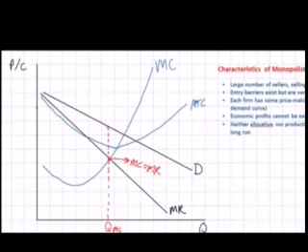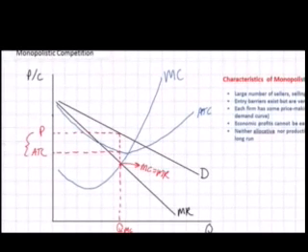So just like we showed in a monopoly diagram, the price the firm will charge is found by going above the profit maximizing quantity up to the demand curve and then over to the price axis. And to determine whether or not this firm is earning economic profits, we can go up to the average total cost curve and over to the price and cost axis, and we can see that at its current level of output and price, our firm is earning economic profits equal to P minus ATC.